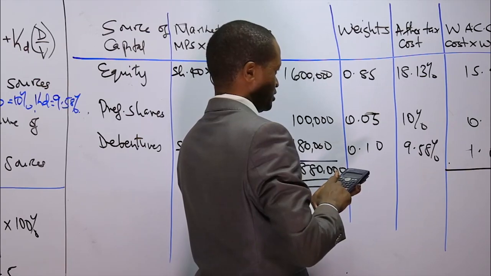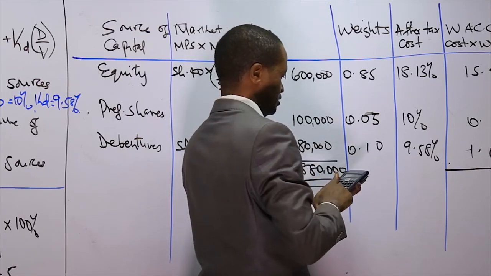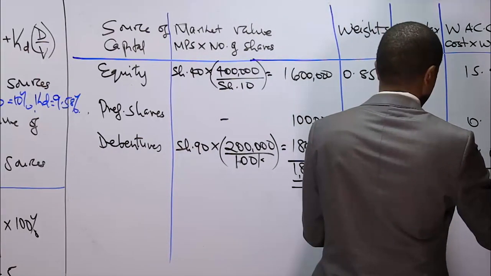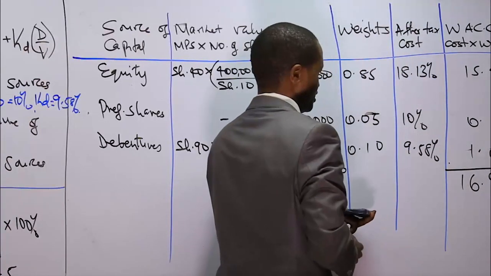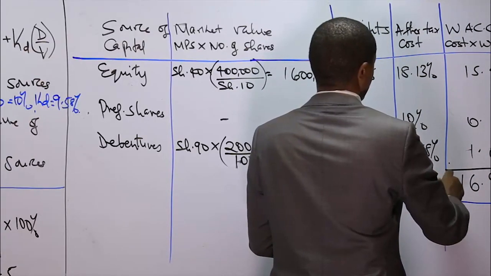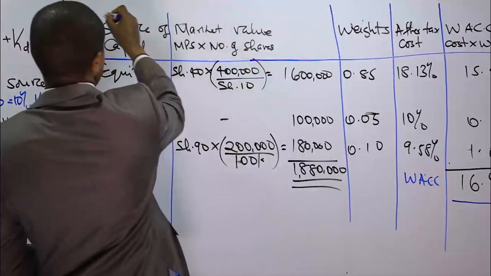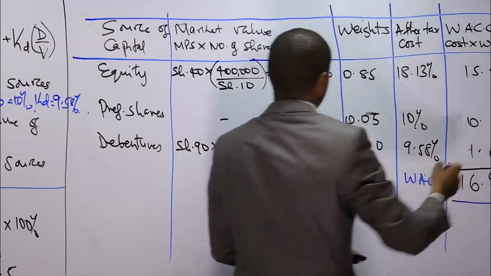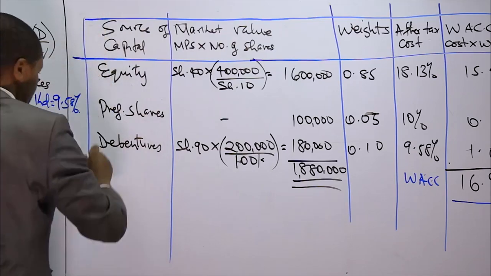15.41 plus 0.5 plus 1. So the weighted average cost is 16.91. This is the weighted average cost of capital for this firm. So this is how you determine the weighted average cost of capital.